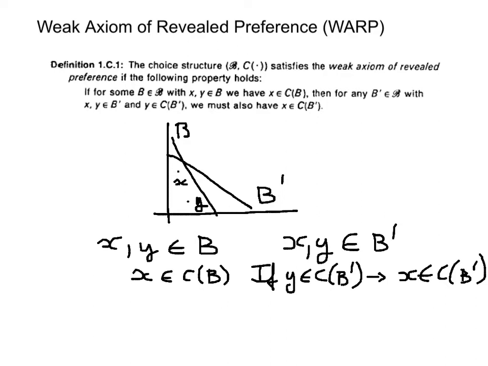And the reason for this is that if Y was chosen in B prime, then it cannot be the case that if X and Y are available in B, X is chosen and not Y. So WARP requires here that Y is also chosen in B. Exercise 1C2, page 15, asks you to prove this result.